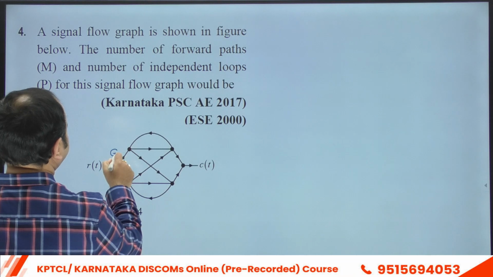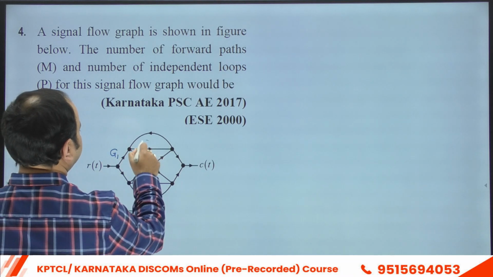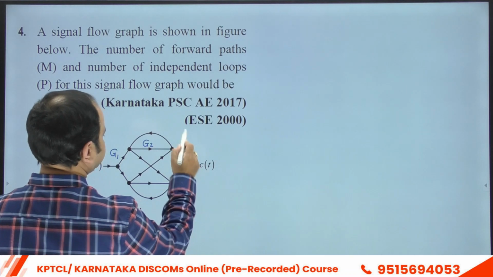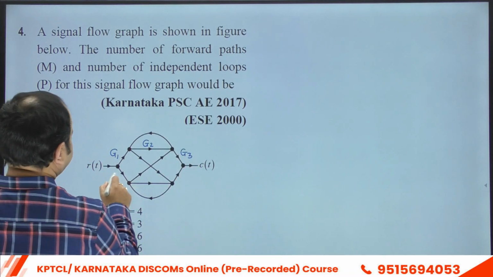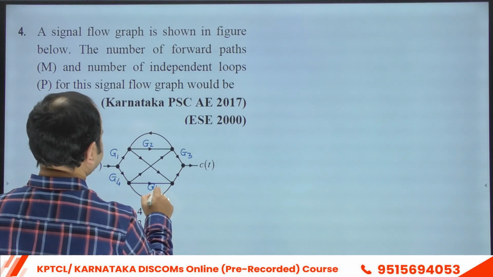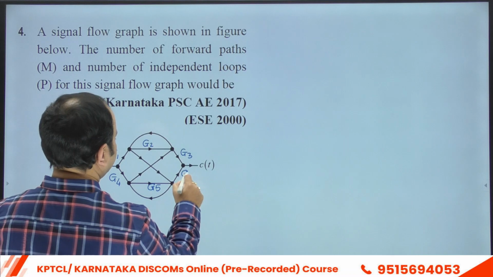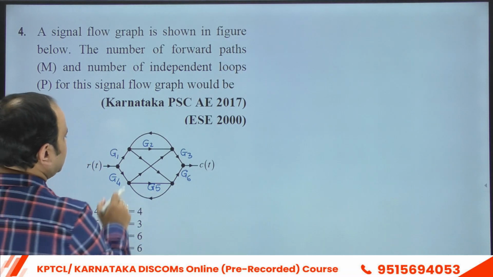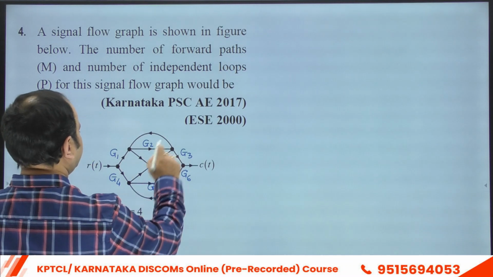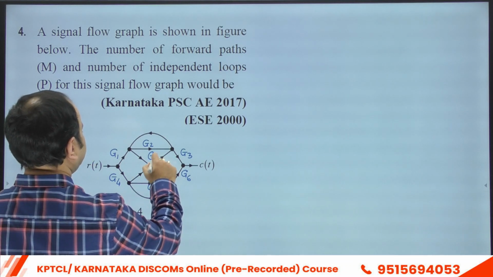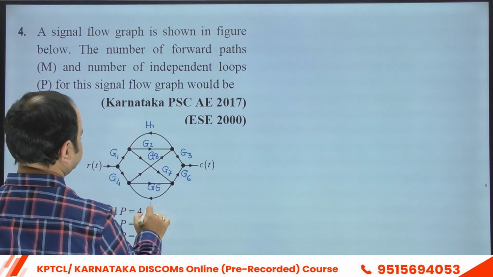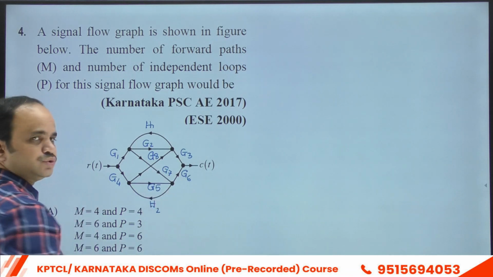Let us say this is G1, this is G2, this is G3. Next, this is G4. Next, this is G5, G6. Okay. Now let us take this path is G7 and this path is G8. Okay. Now feedbacks, let me take with the H1 and H2.